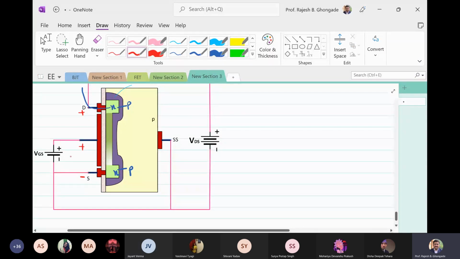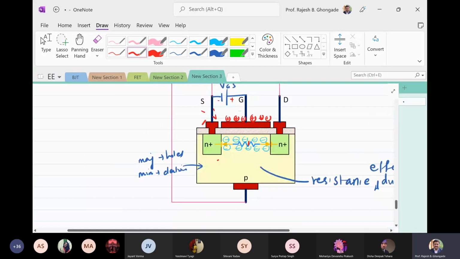This positive potential at gate will push the holes in the P substrate along the edge of this boundary. As I have already said, the holes are pushed out from here and electrons will be attracted in its place.